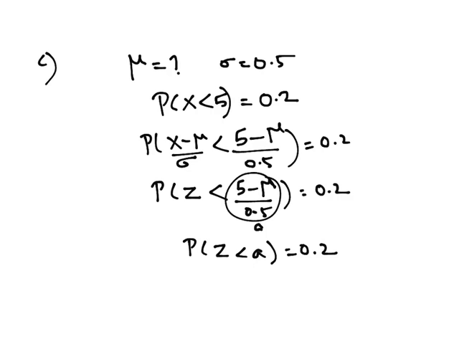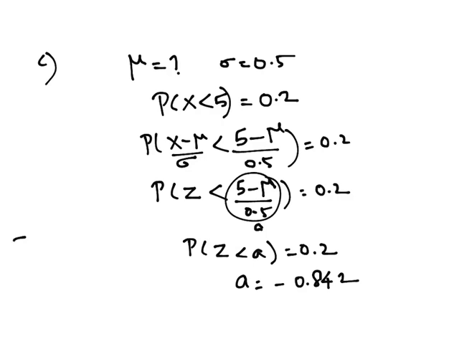Now what I'll do is I will use the inverse normal option in the calculator. Inverse normal. The less than a means the tail is left and area is 0.2. Sigma is 1 because I have converted the x into z, and mu is 0. So the answer is minus a is minus 0.8416, so 0.842.